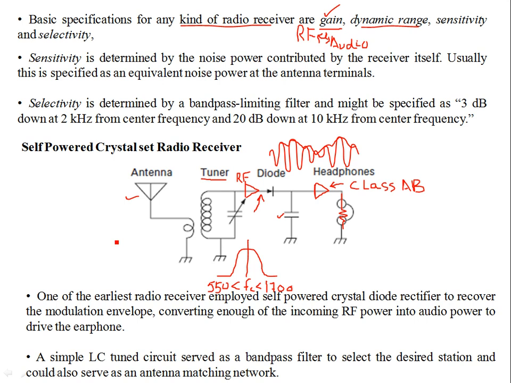For example, if you have a certain noise floor, the noise being generated by the receiver itself, and you have a very weak signal whose strength is comparable to that noise level. So let's say in the receiver you have a noise floor like this, and then you have a weak signal.